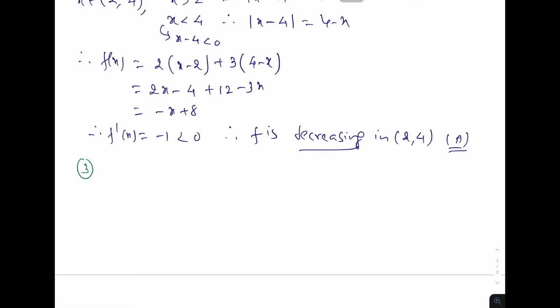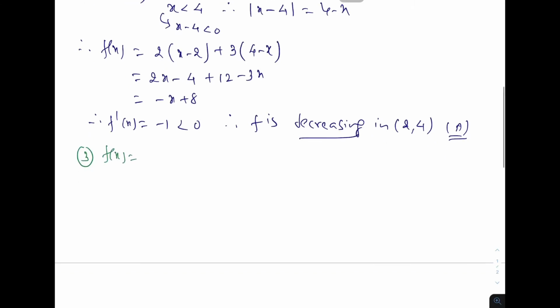Okay, let us take some more examples. f(x) equal to x power 7 plus 5x power 3 plus 125 is blank.